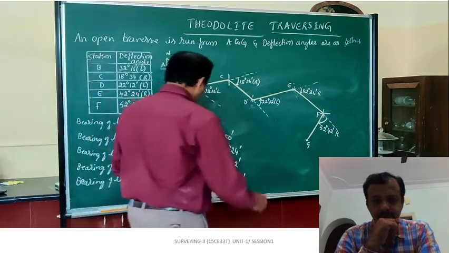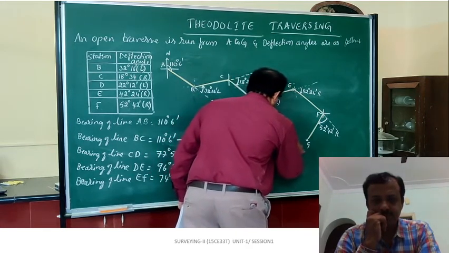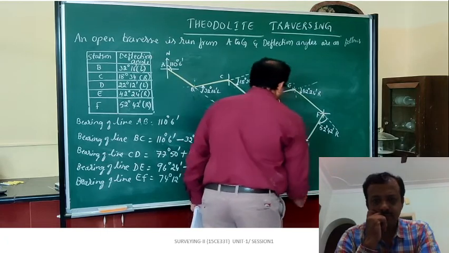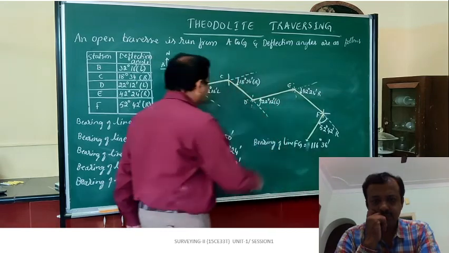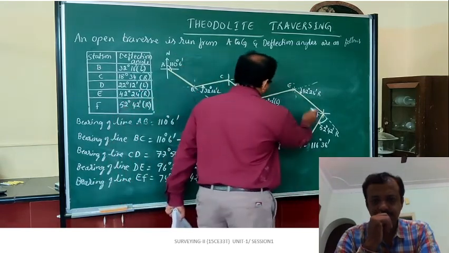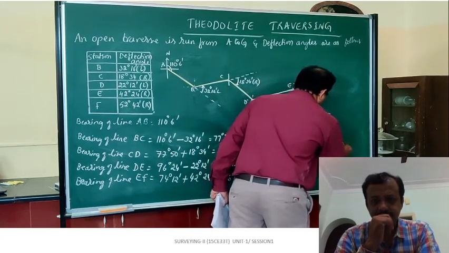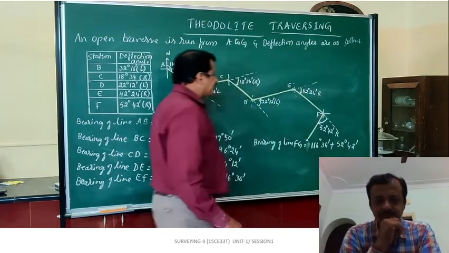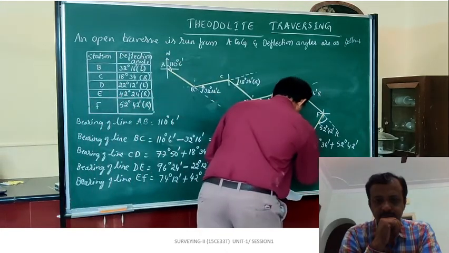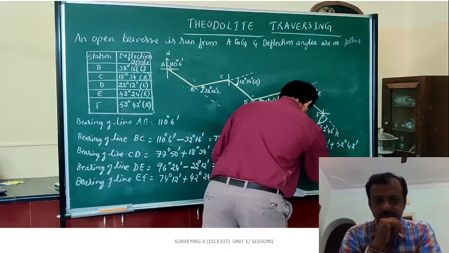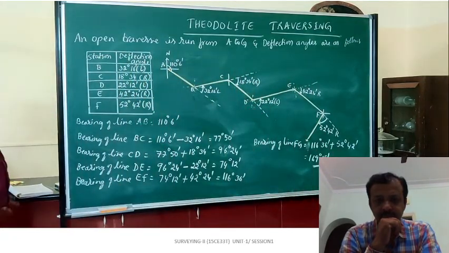Then the bearing of line FG is equal to the bearing of the previous line EF, plus the deflection angle at F. 52 degrees 42 minutes is the deflection angle at F. Then the value is 169 degrees 18 minutes, the bearing of line FG.